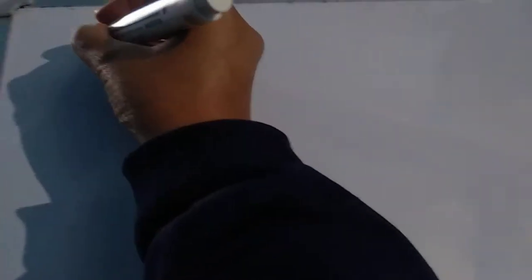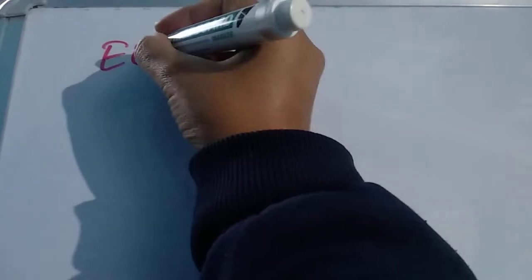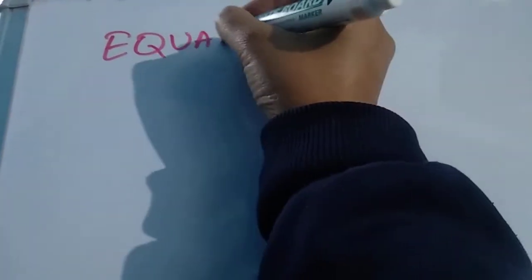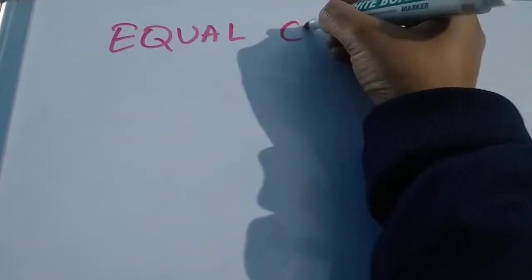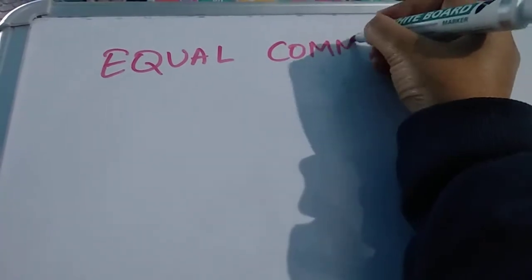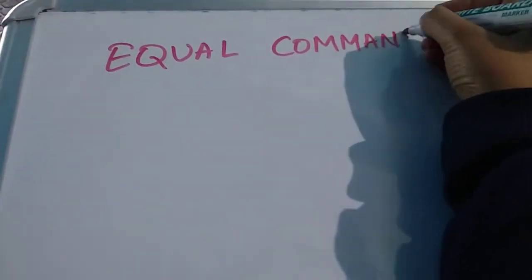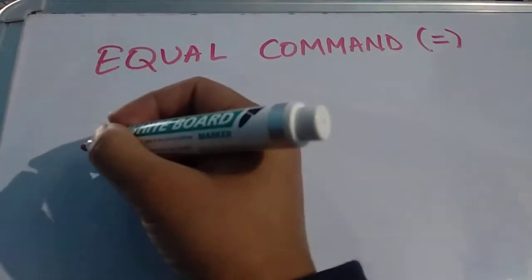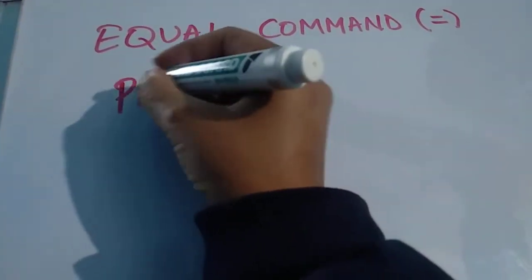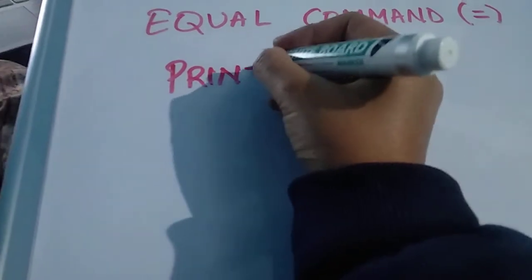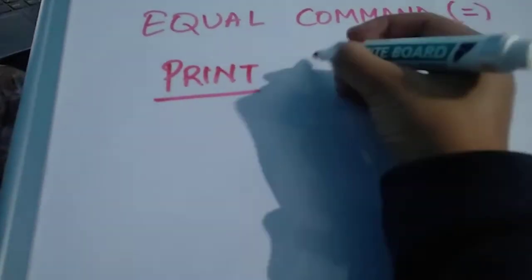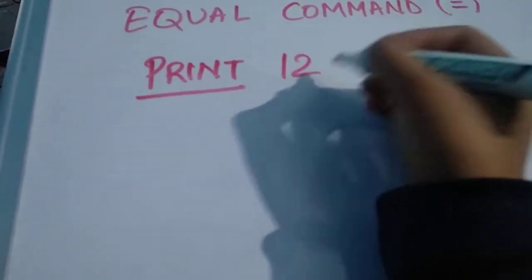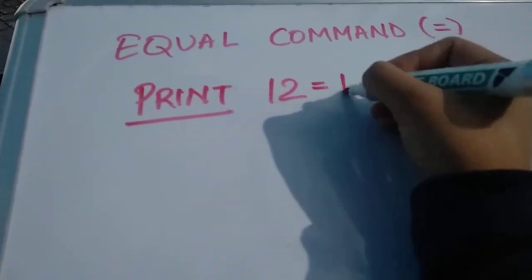Okay, first we are going to do the equal operator or equal command, you can say. This is the sign for equal. Here what we have to do, we have to give command print 12, this is the first number, is equal to 12.